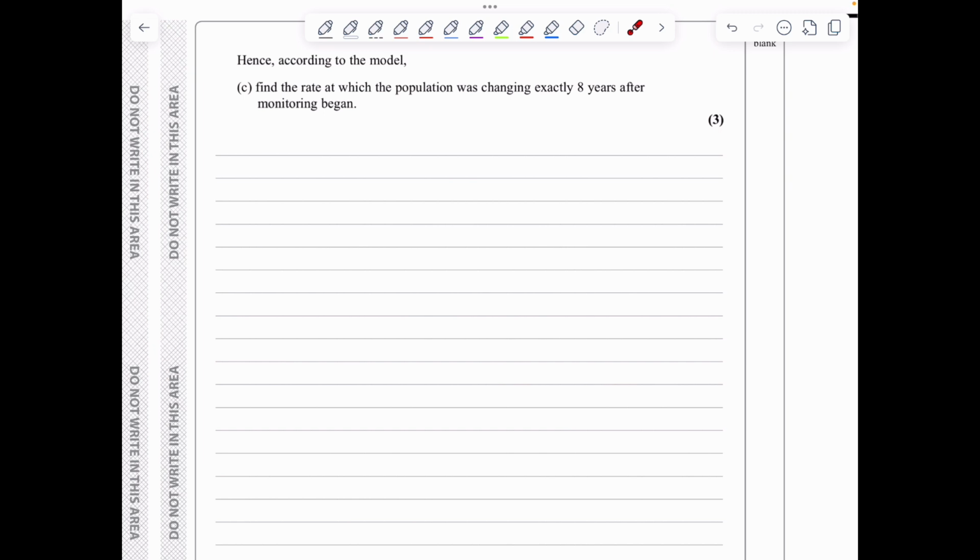And in part C, we need to find the rate at which the population is changing 8 years after the monitoring began. Let's start by writing down the equation for P. It's 39.81 times 1.047 to the negative t. And then we will find dP/dt, the rate of change of the population.